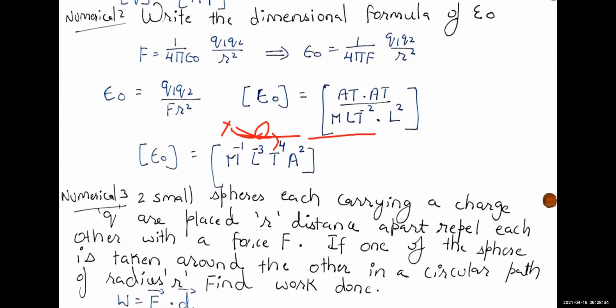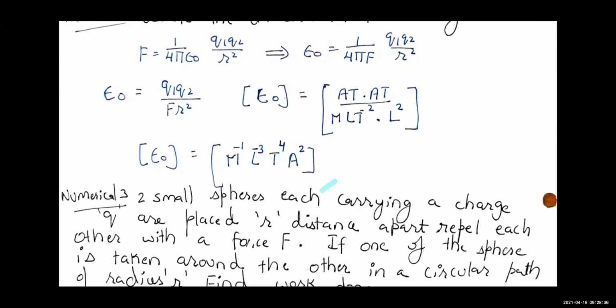Now we know the dimensional formula for charge, Coulomb, right? Just above we found that it is AT. So the dimensional formula of charge is AT, that is for Q1. The dimensional formula for Q2 is again AT, and for force we know it is M1 L1 T minus 2. And R square, R is length, so it is L to the power 2.